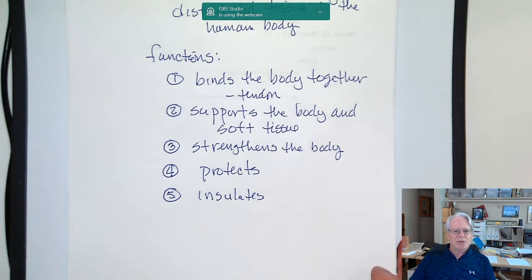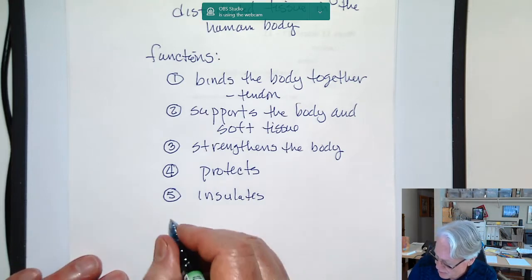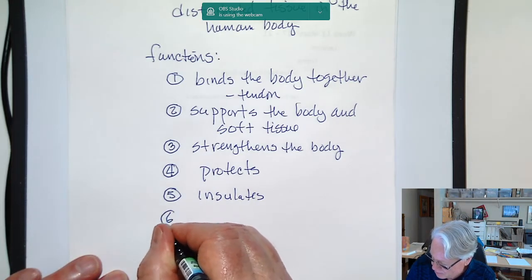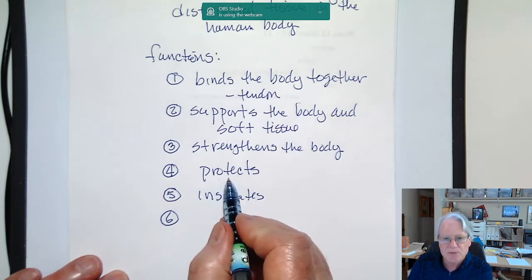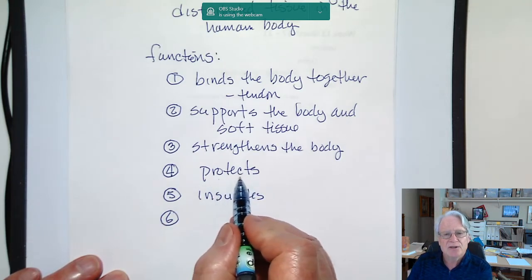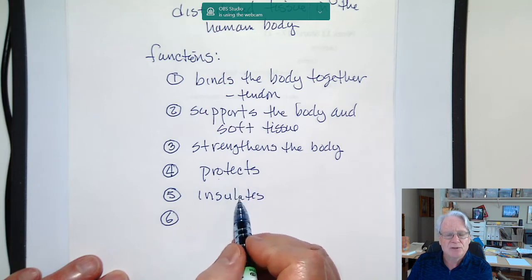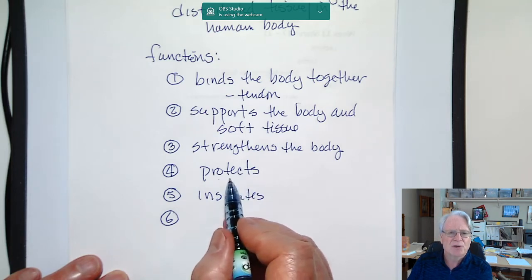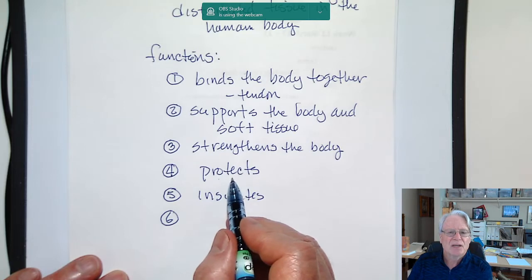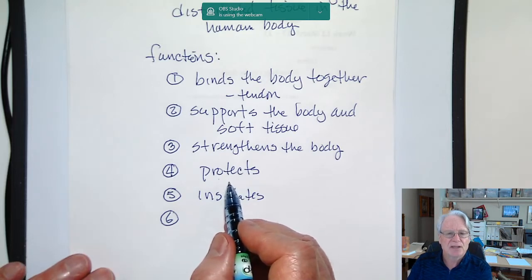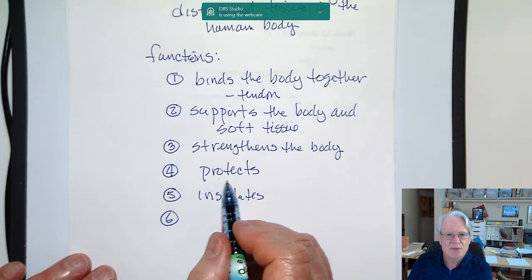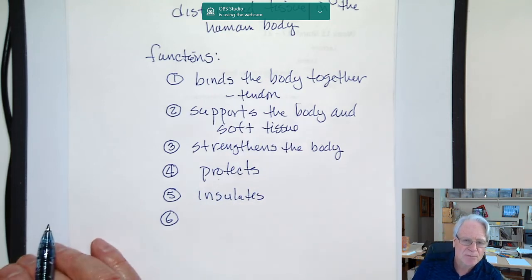There's a layer of adipose tissue just underneath the skin that helps to retain heat and insulates the body from loss of heat. That's just one example. By the way, in terms of protection, it's not just hard tissue like bone, but we also use fat as a form of protection. So, for example, the kidneys are surrounded by a large and thick layer of fat to protect them. So it's not just the obvious protection that bones provide, but we see this protection in a variety of different ways.